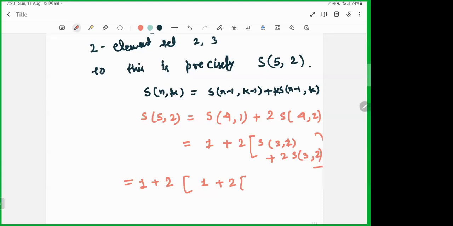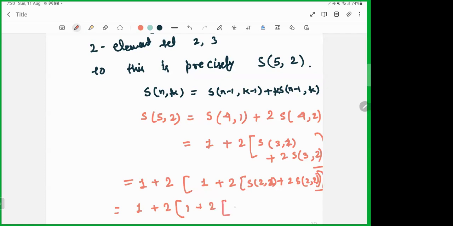This is S(2,1) plus 2 times S(2,2). The left one should have been S(2,1), which is 1. So 1 plus 2, what is this computed?